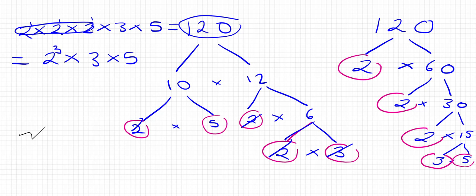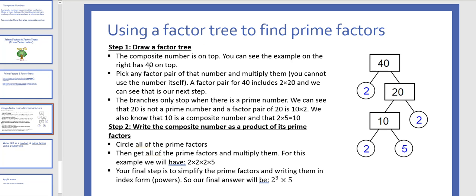So 2 times 2 times 2 times 3 times 5. We do a check. Does this give us the number we started with? In this case, yes. Then we have to simplify, okay? By using our knowledge on powers and index form, index notation, simplify that, and we are done. And please make sure you've written down these important steps as well.